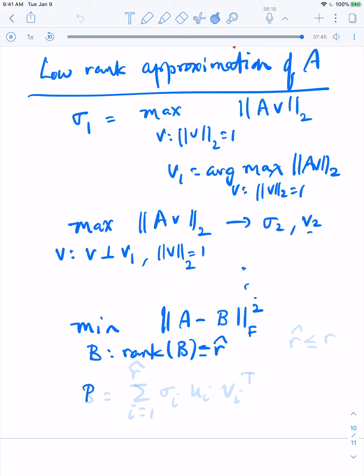So B is going to be the summation i equals 1 to R hat, let's assume R hat is less than or equal to R to avoid triviality, of sigma i u i v i transpose. I mean, it's pretty intuitively plausible, and I'm not going to prove it, but it's pretty clear what the role of an SVD is in providing low rank approximations. And that's what we apply when we do principal component analysis of a bunch of data.